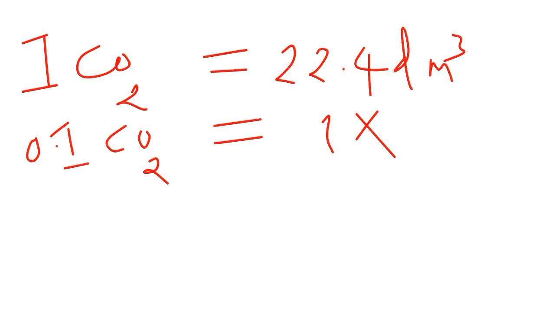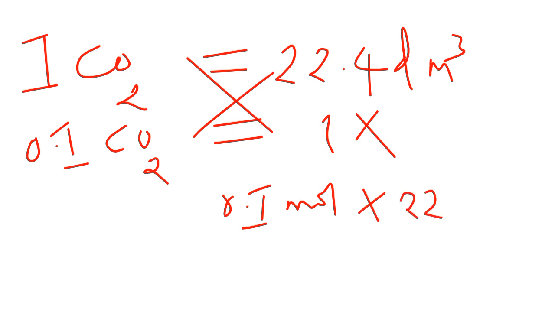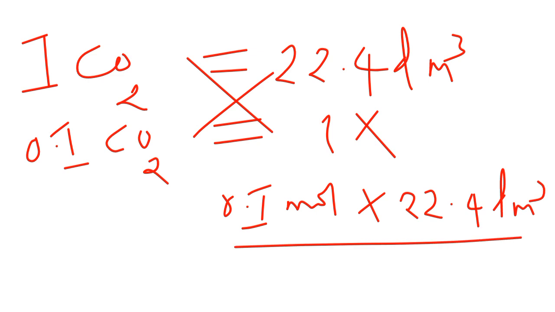So we do cross multiplication. It will be 0.1 mole times 22.4 decimeter cubed divided by 1 mole. This mole cancels with this mole, so at the end we get the volume of carbon dioxide at STP.